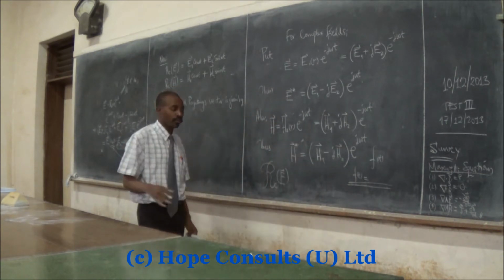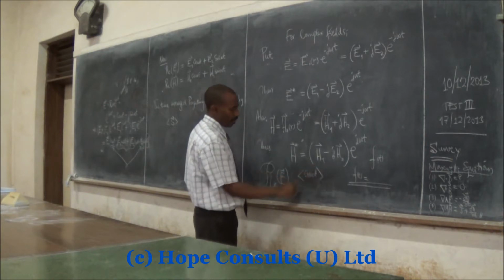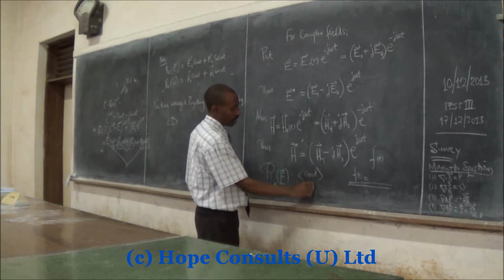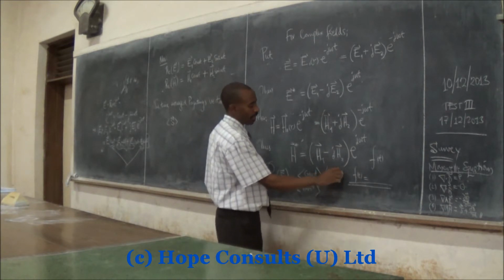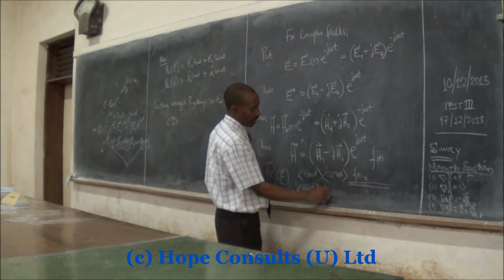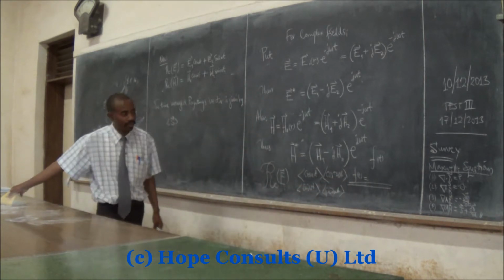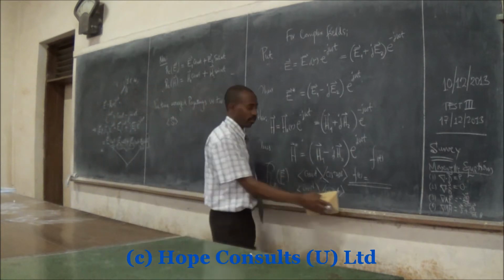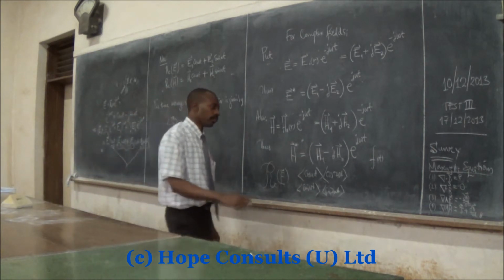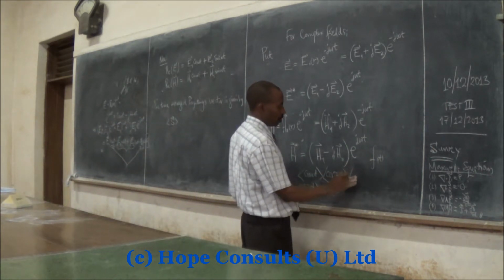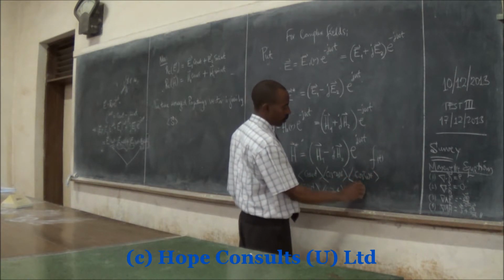And then we were able to find the average of the cosine, the average value of the sine, the average value of cos 2 omega t, and also went ahead and looked for the average value of the square of these trigonometric ratios. That is the average value of cos squared omega t and sin squared omega t.